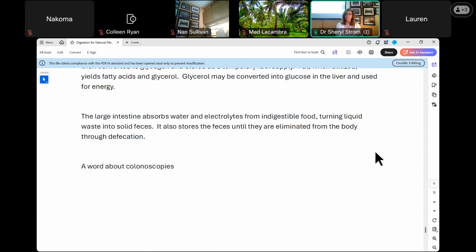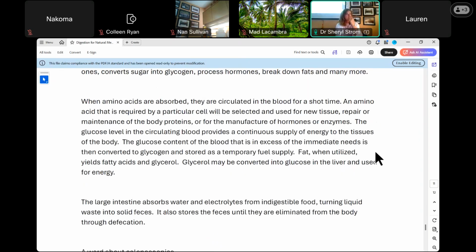I have a client right now I'm working with. She is, I want to say, 70-something, and she was diagnosed with lymphoma last year. Now she had part of her transverse and her descending colon removed.